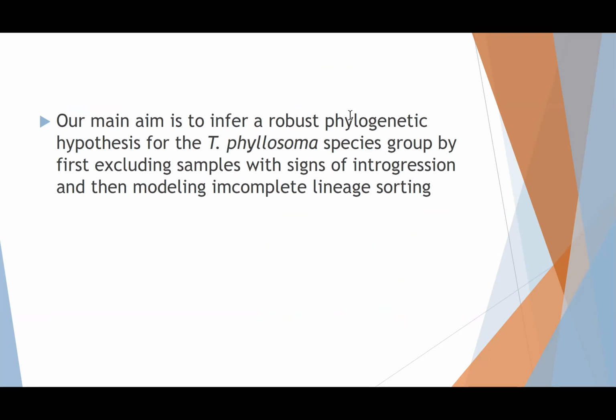So our main aim is to infer a robust phylogenetic hypothesis for the Triatoma phyllosoma species group by first excluding samples with signs of introgression and then modeling incomplete lineage sorting.